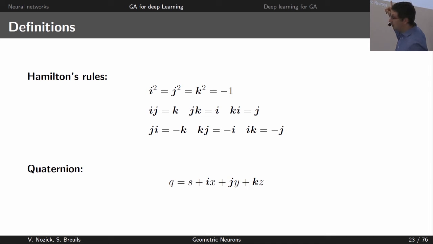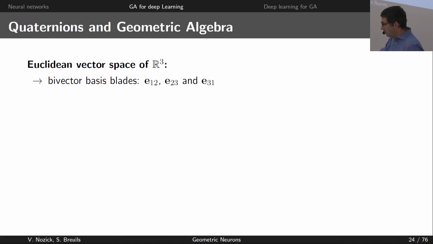It looks like a scalar, this is s, plus something that actually looks like a vector, because we have 3 components over these 3 values, i, j, and k. Okay. And again, are we doing geometric algebra?